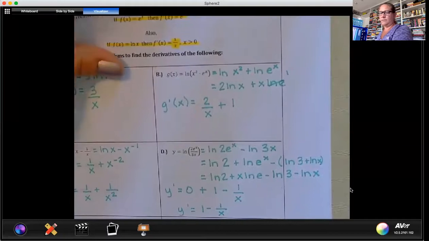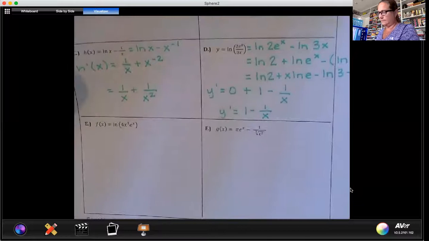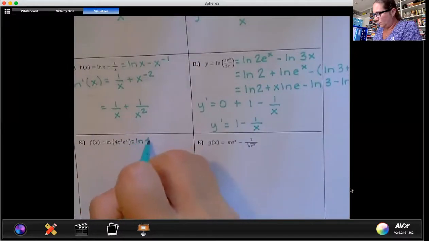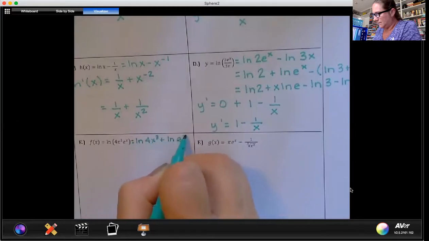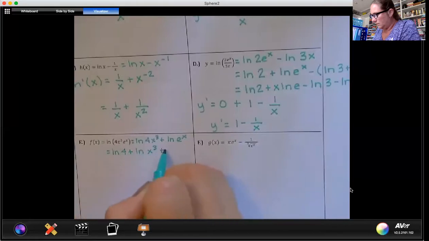For a lot of you, reviewing these properties is going to be harder than finding the derivatives. Rewrite. This is ln of 4x cubed plus ln of e to the x. Bring those exponents down, remembering that 4 times x cubed is what you see here. So that's ln of 4 plus ln of x cubed plus ln of e to the x.